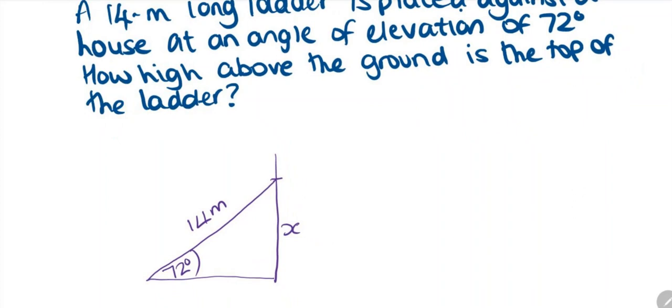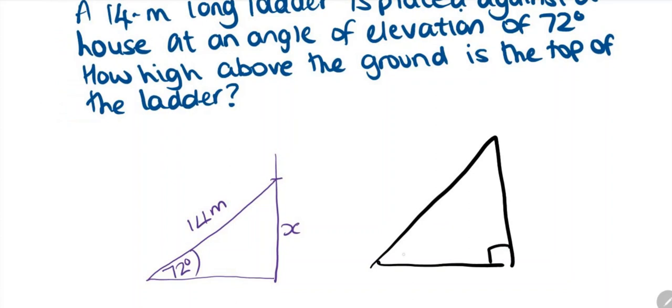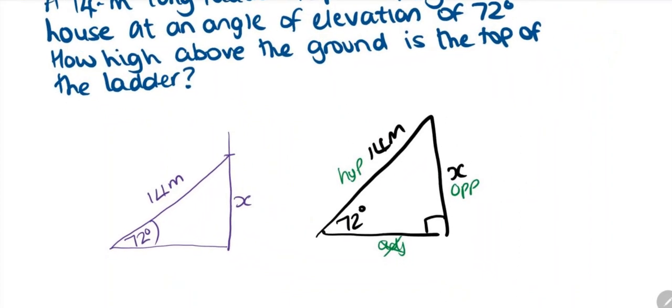So let's draw a triangle. This is our triangle, 72. This is 14 meters. And we're going to label our sides. So this is the hypotenuse, this is the adjacent, and this is the opposite. I don't need adjacent, so I'm going to use the sine formula. So sine of 72 is x divided by 14.